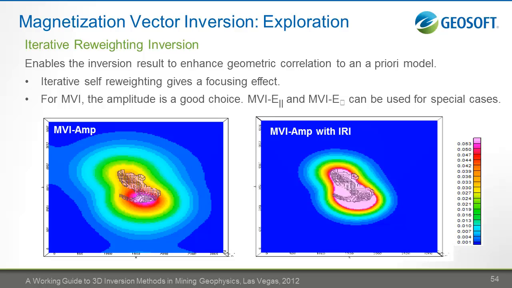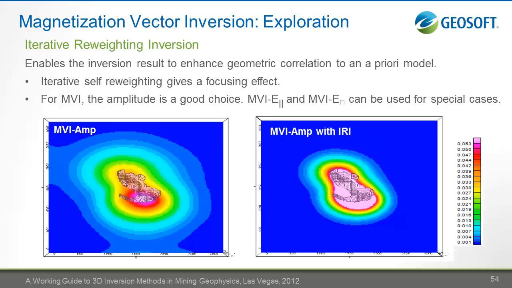So this would produce a number which is equivalent to susceptibility in the case of induced only magnetization, and is a generalization of susceptibility for the magnetization vector inversion. And we use this number because this scaled magnetization amplitude is a more familiar quantity to exploration geophysicists.